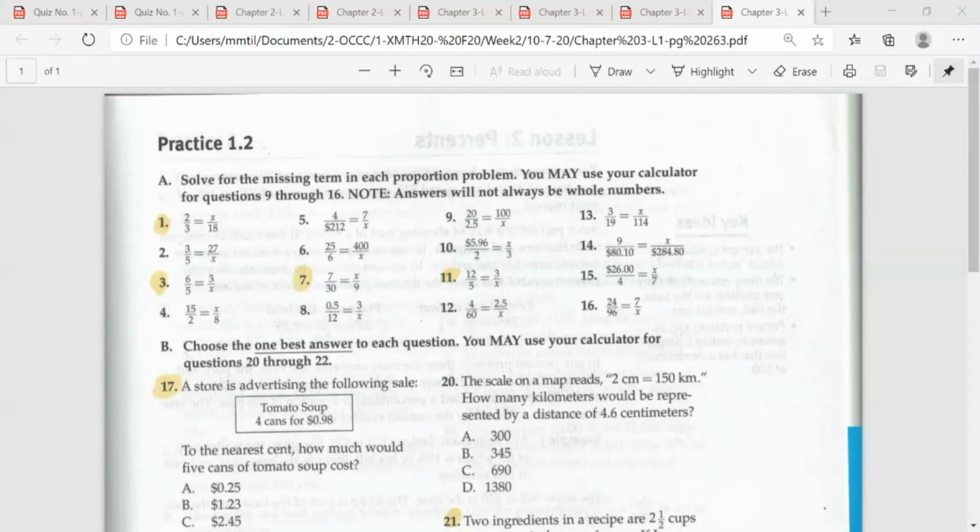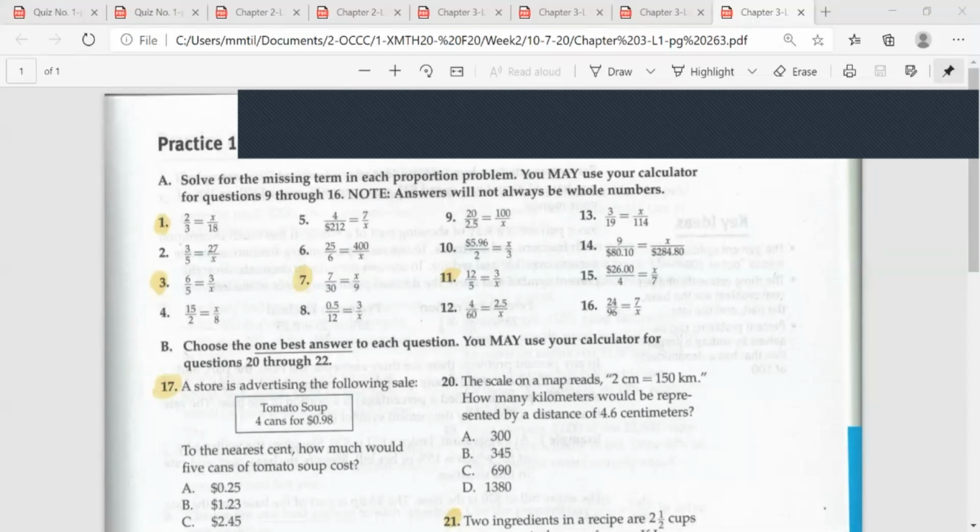This is one where you would cross multiply to start out with. Why would I cross multiply? Just because the X is on the bottom? Yes, because I want to get X on the top.